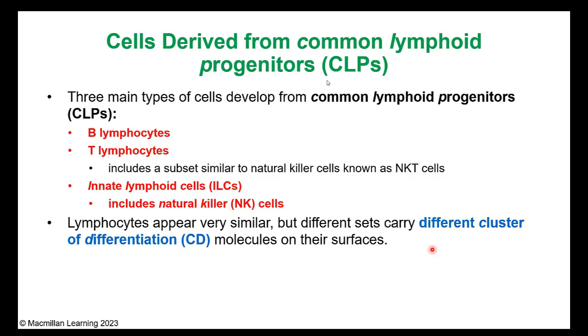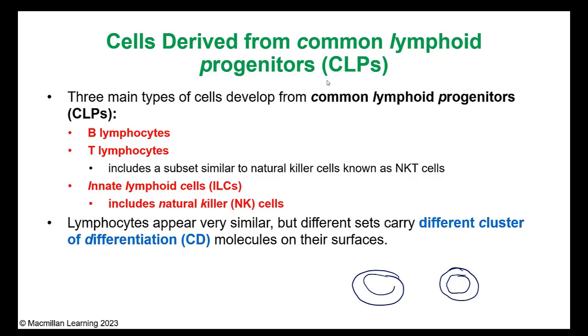Now, how do you differentiate? I had mentioned that briefly before. How do you differentiate the lymphocytes, the different types of cells derived from the lymphoid lineage? You have to look at the receptors on the surface of the cell. This is the lymphocyte, it looks round, with a big nucleus and little cytoplasm, and they all look the same.